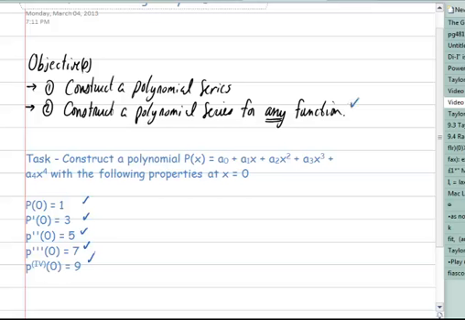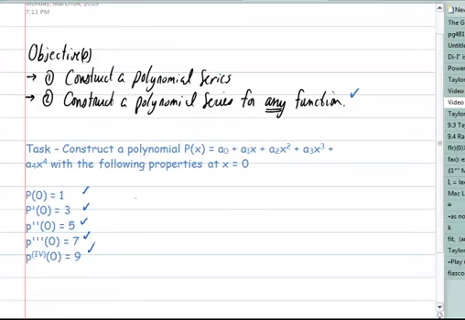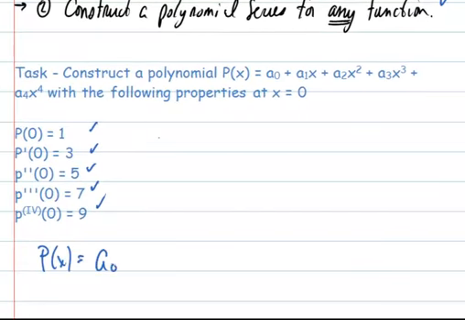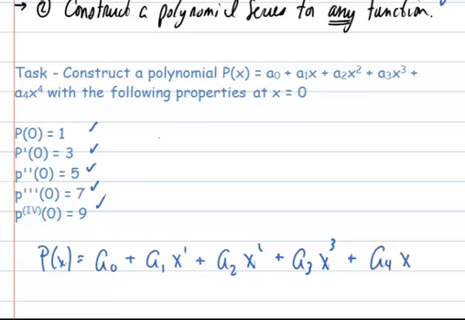So our first step is to take the polynomial, and I'll rewrite it as the general form, which is a0 plus the second coefficient times the first power, plus the next one, plus the third times x to the third, plus the fourth times x to the fourth.